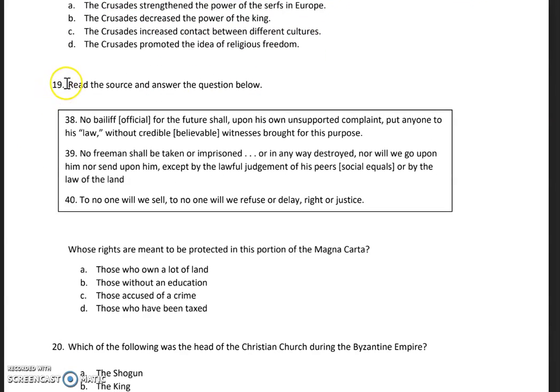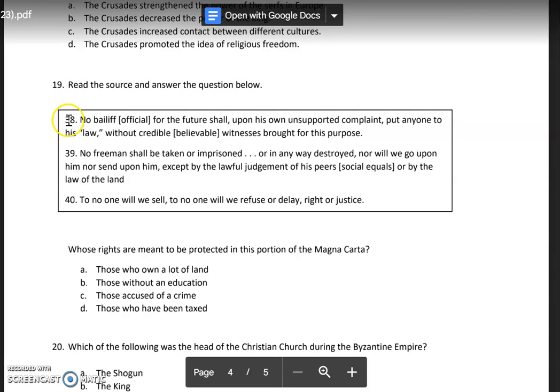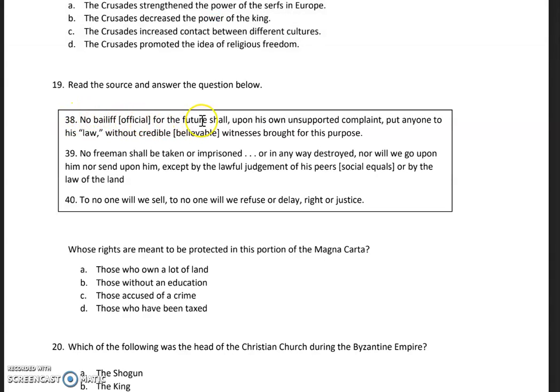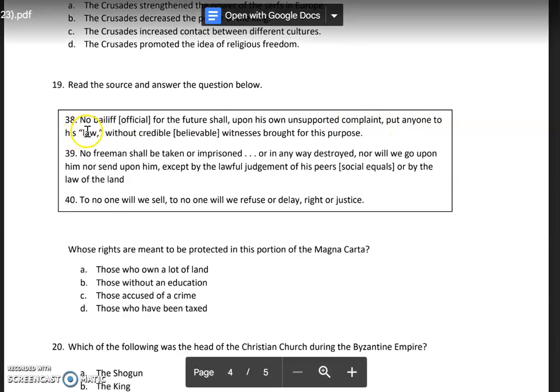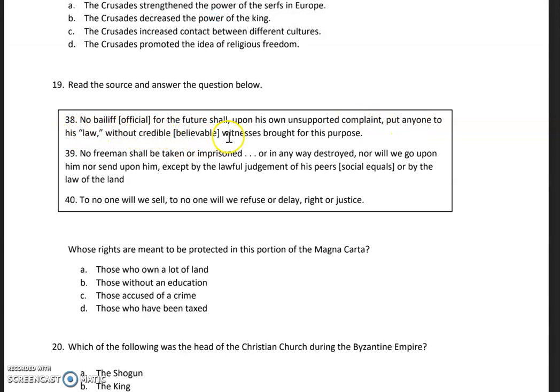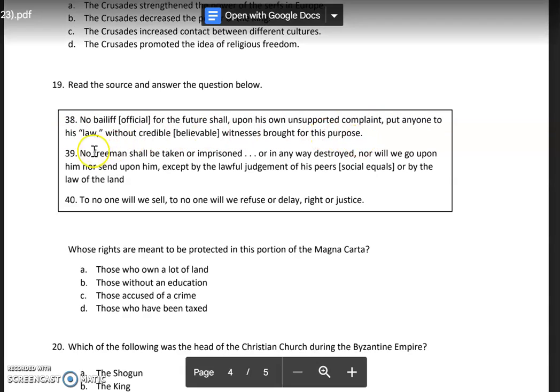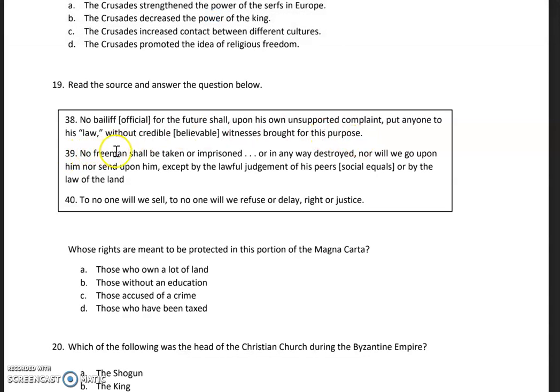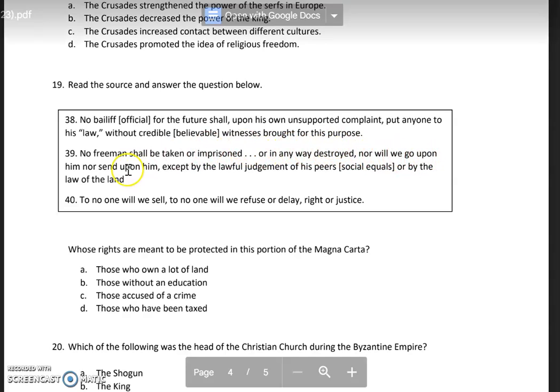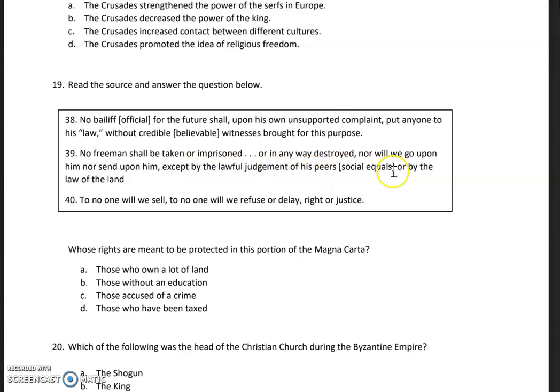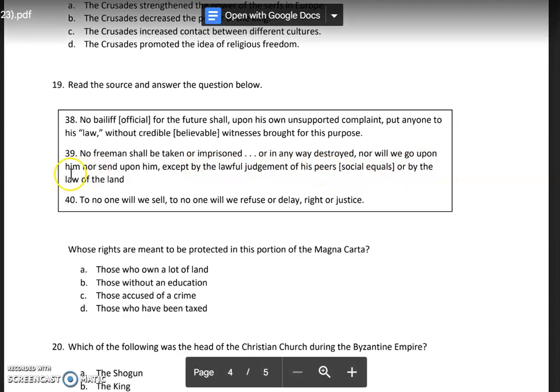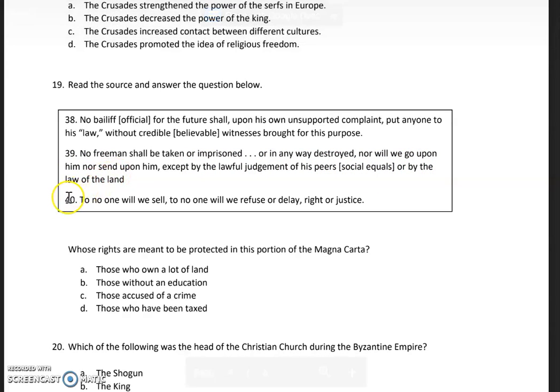Number 19. Read the source and answer the question below. 38. No bailiff or official for the future shall, upon his own unsupported complaint, put anyone to his law without credible or believable witnesses brought for this purpose. 39. No free man shall be taken or imprisoned, or in any way destroyed, nor will we go upon him, nor send upon him, except by the lawful judgment of his peers, or social equals, or by the law of the land. 40.